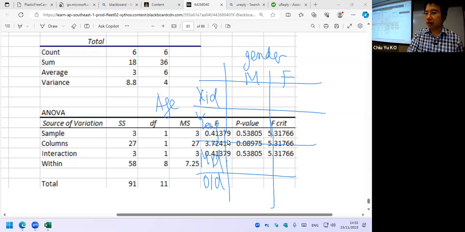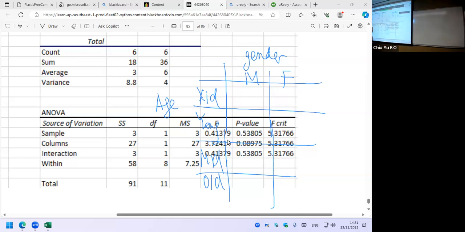I look at the column here: the p-value tells us whether this data shows that men and women are different or not. The sample tells you whether age groups are different. Basically it's the same as doing ANOVA separately, one by one.